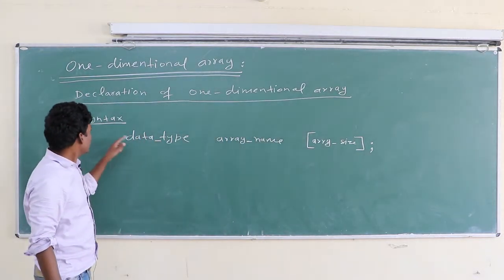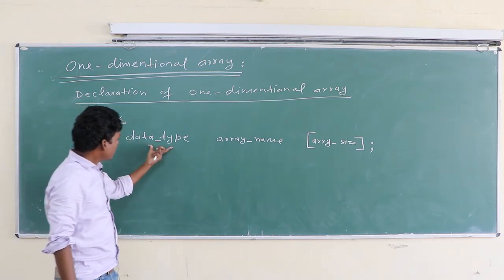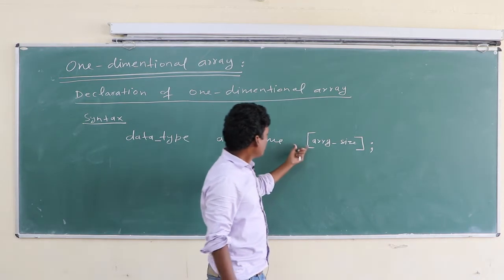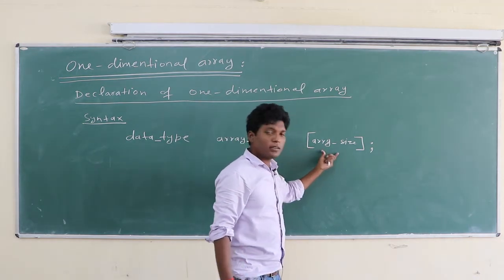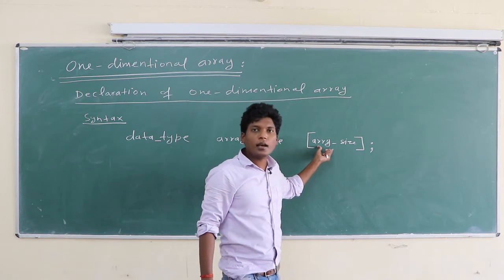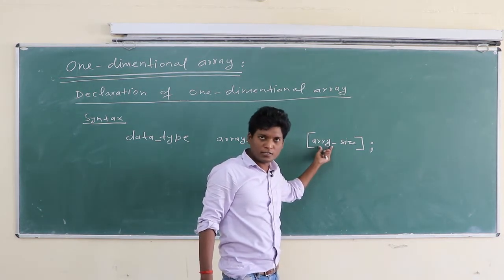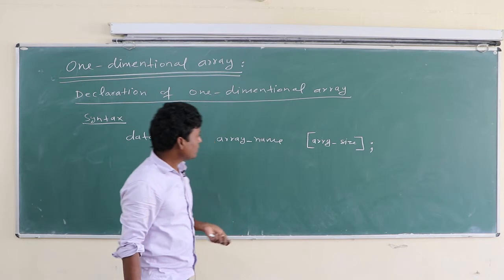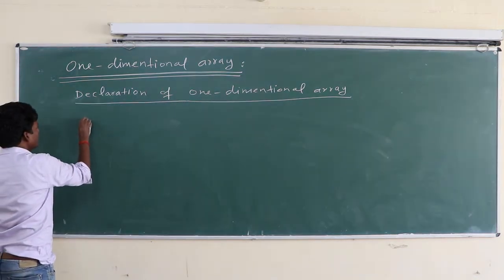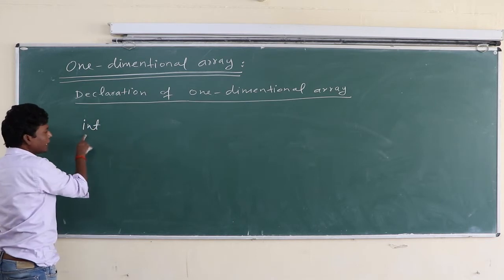one-dimensional array. Here first is data type, space, array name, and square bracket. Within square bracket there is an array dimension or array size or array index. Here we declare int, that is the data type.